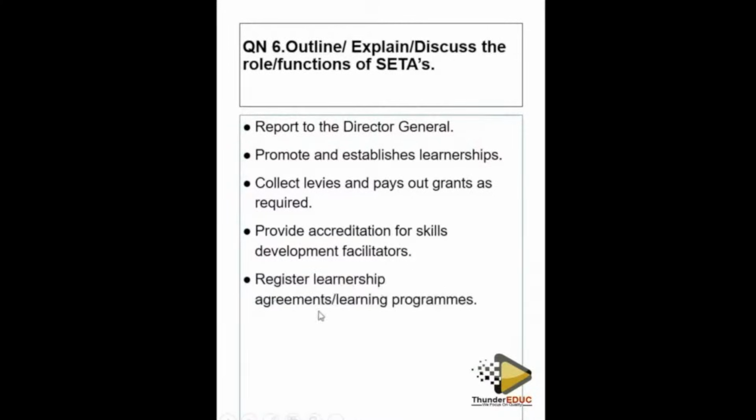So register learnership agreements or learning programs. So this one, we have been stressing it a lot. Moving on to another aspect, approve workplace skills plans and annual training reports. So if you still remember, I said that businesses only submit to SETA the skill plans, the set of skills that are lacking in their businesses.